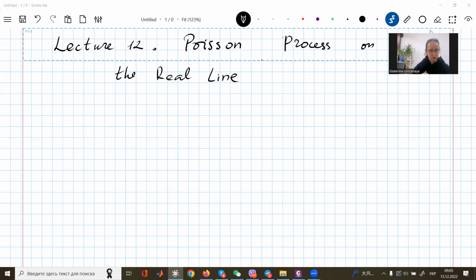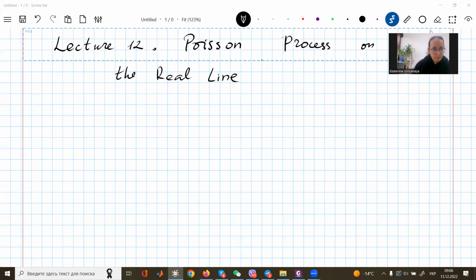I suppose most students who attended the lectures on random processes learned about the Poisson process, but today we will see that the Poisson process on the real line can be characterized by the distance between the points here.